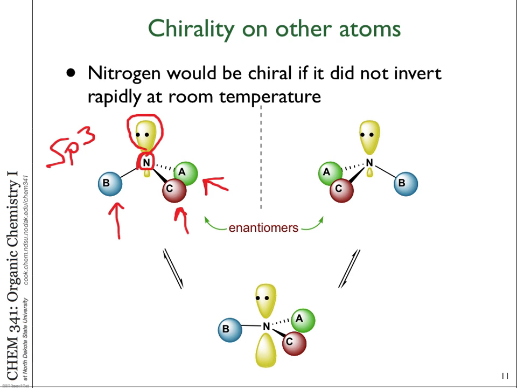Its mirror image would not be superimposable. Okay? But in practice, when we try to measure optical activity of these kinds of nitrogen-containing compounds, where they should be chiral at the nitrogen center, we don't measure any optical activity. It shows no properties of being chiral.